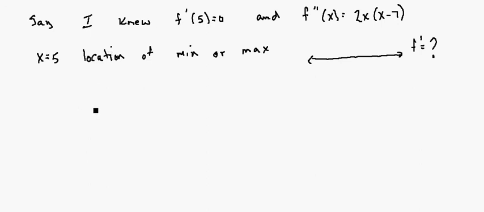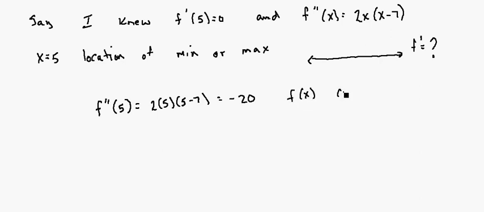On the other hand, if I simply take f double prime and evaluate it at 5, I can know whether the graph of f of x is concave up or concave down at 5. Well, let's see how that looks. We have 2 times 5 times 5 minus 7. That's 10 times negative 2, and that's negative 20. So what I know is that f of x is concave down.